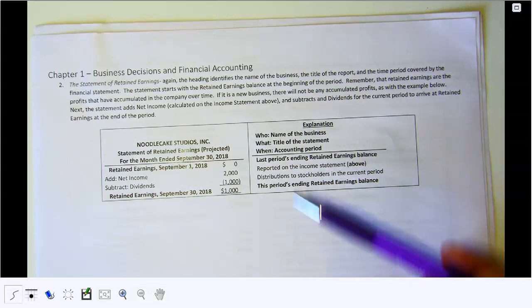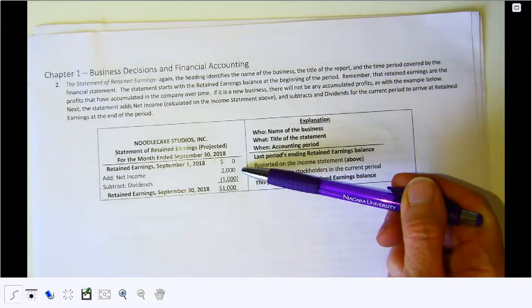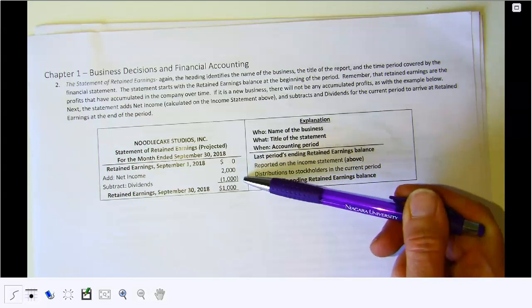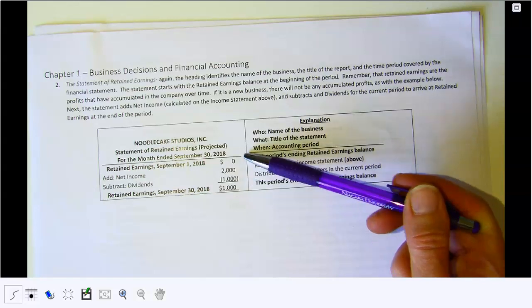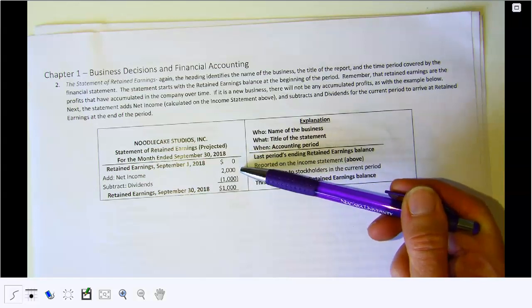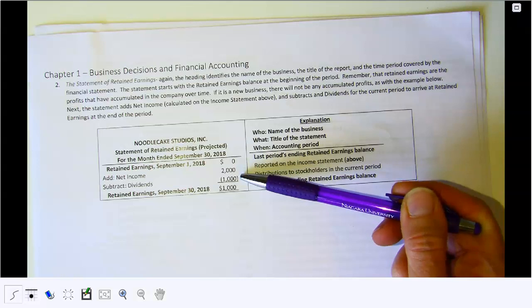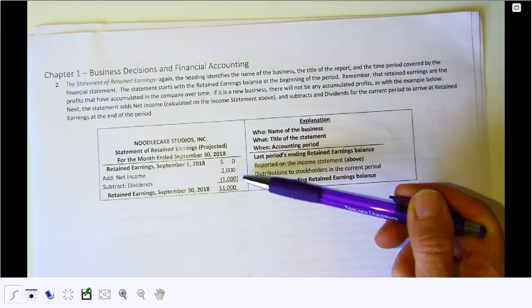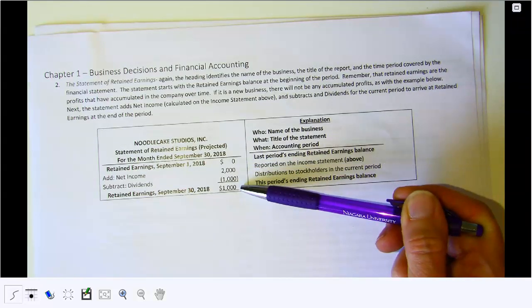Then we add in the net income that we got from the income statement for this period, the month ended September 30th. And then we subtract any profit that we gave out to stockholders as dividends. So beginning retained earnings plus net income minus what we gave away and didn't retain gives us our ending retained earnings balance.